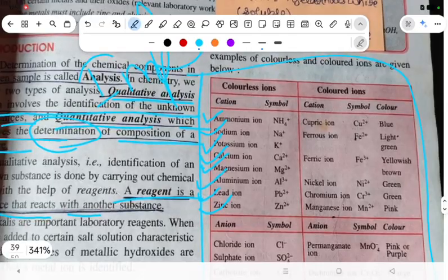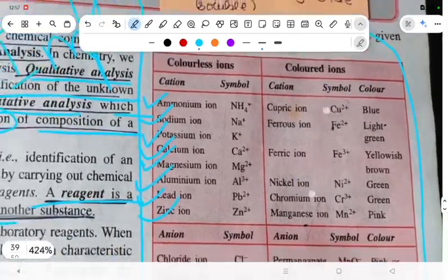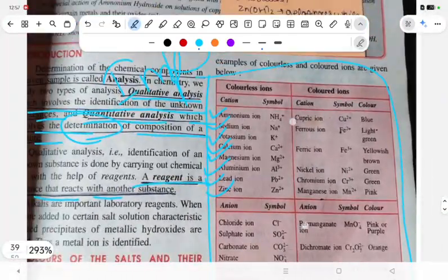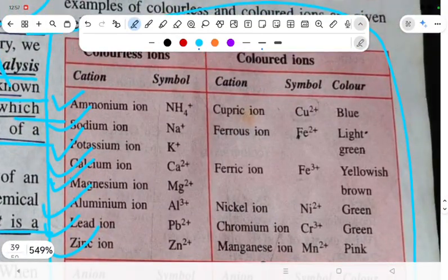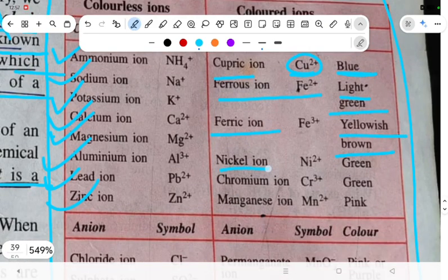These are the colorless ions, and the colored ions are: cupric Cu2+, blue color; ferrous Fe2+, light green; ferric, yellowish brown; nickel, green; chromium, green; manganese, pink.